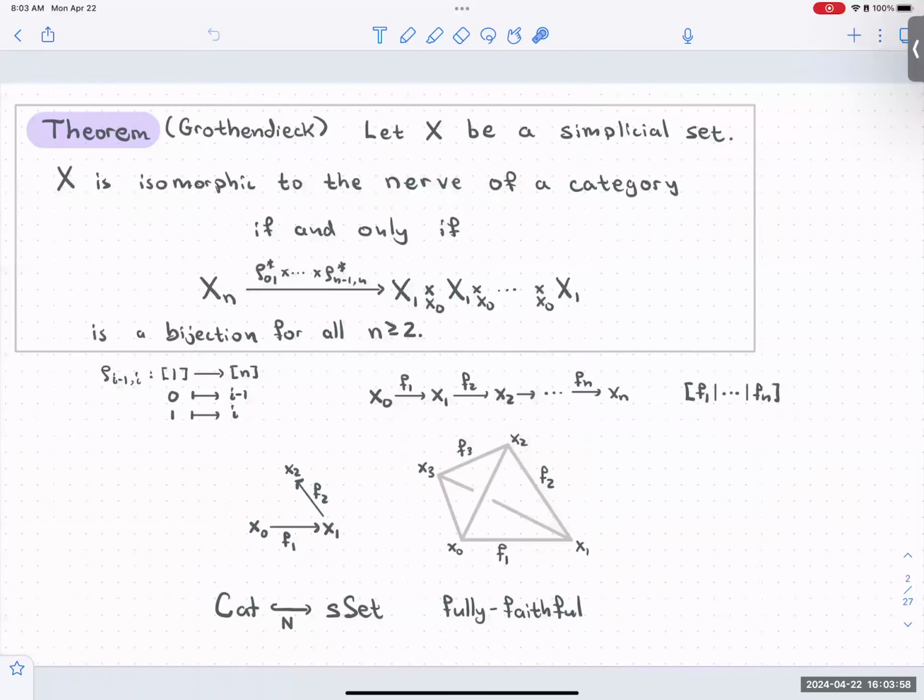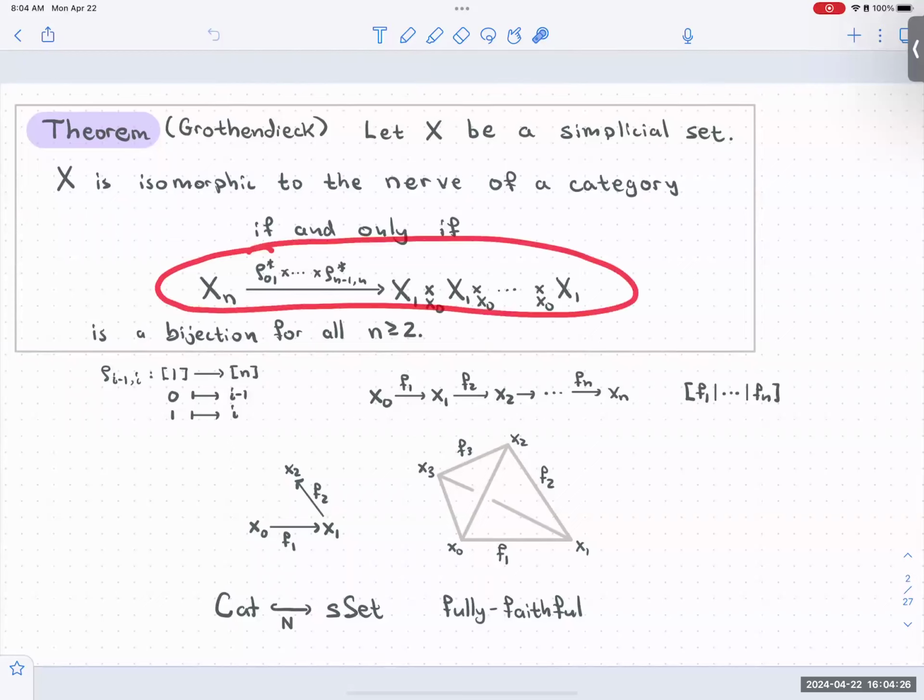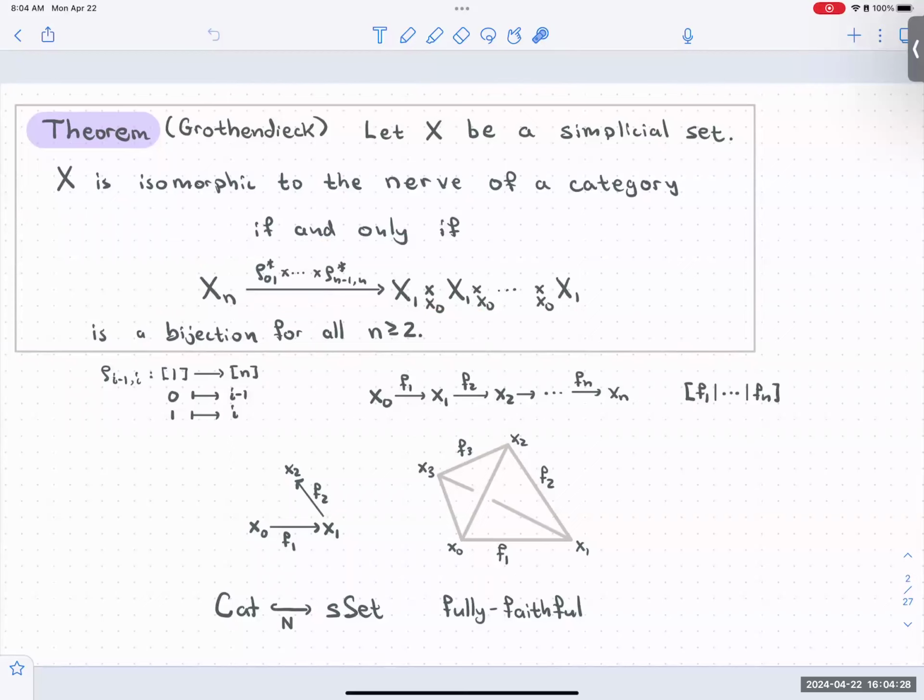So I want to start with a theorem that, the farthest I've seen it back is in Grothendieck's work, which says that if I have a simplicial set, then it's a category just when these so-called Segal maps give us a bijection for each n greater than or equal to 2.